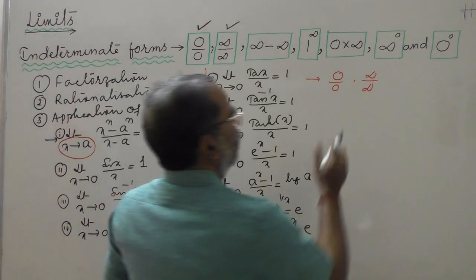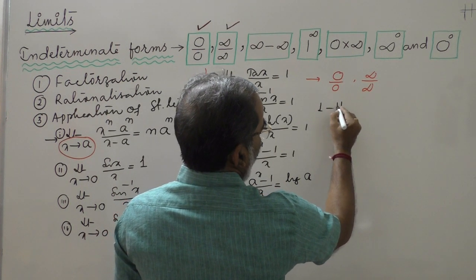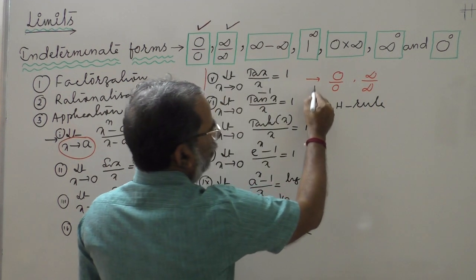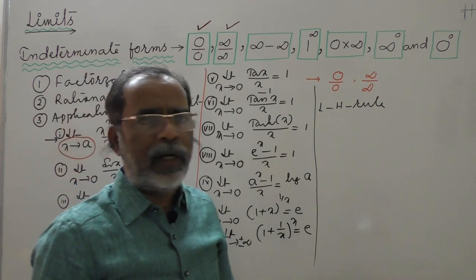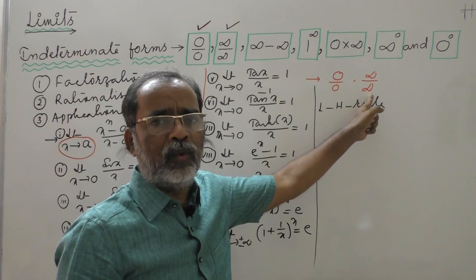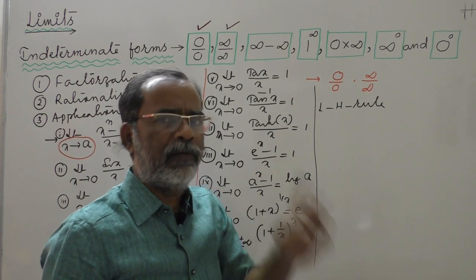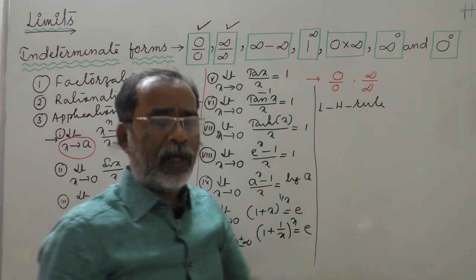Besides this, there is a rule called L'Hospital rule, the LH rule. What is this? This L'Hospital rule should be applied only for these two, 0 by 0 and infinity by infinity. For these two forms, this rule is applicable.